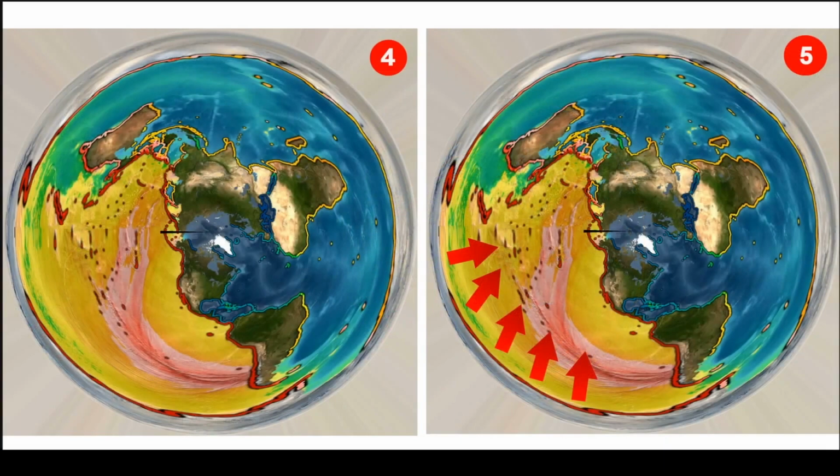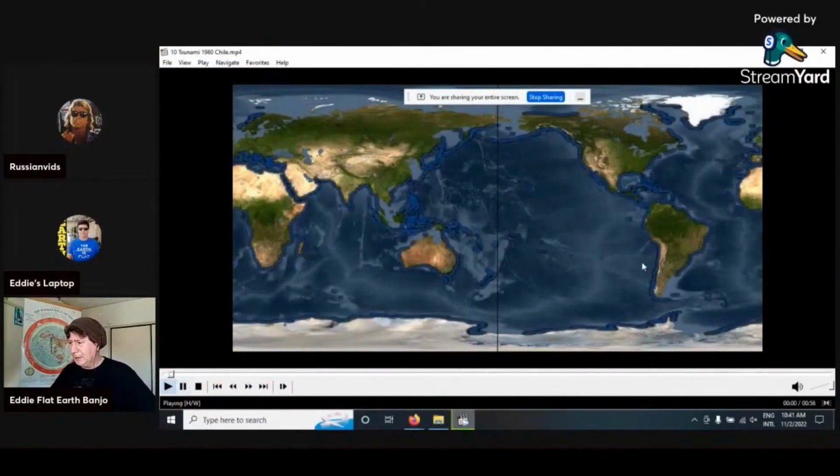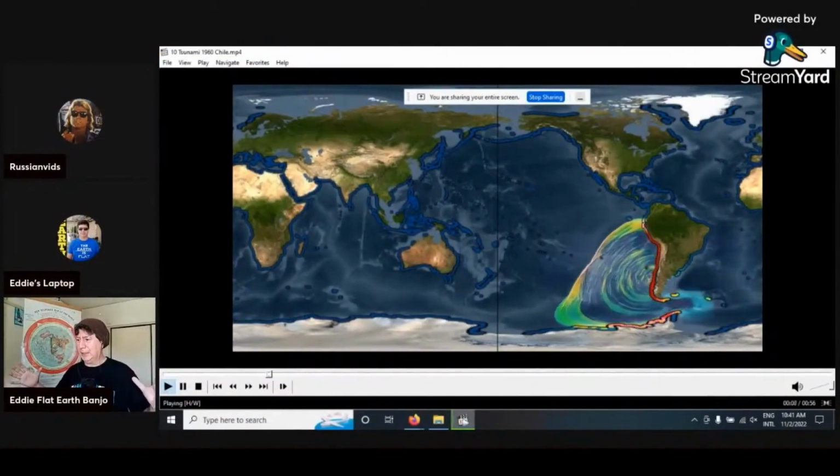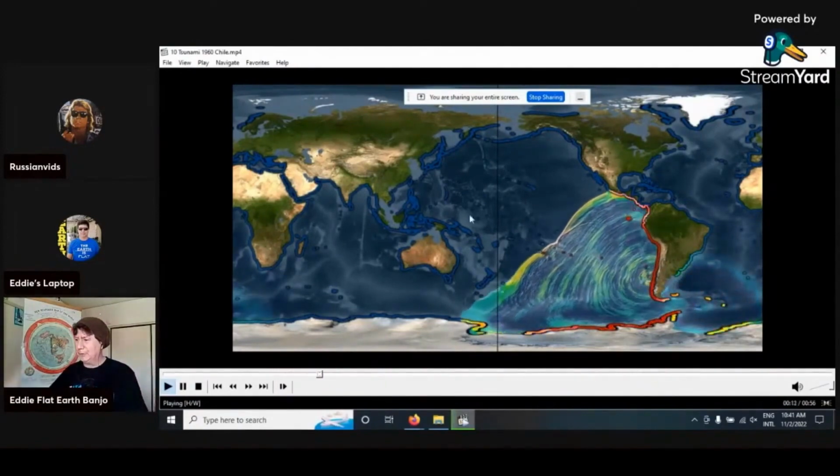All right, so I'm going to show here the animation of this 1960 earthquake. I put this together myself, because that's not the way they do it. So you're going to see here that it's contained. Antarctica contains the waves and the impact, the energy, within the Pacific Ocean.